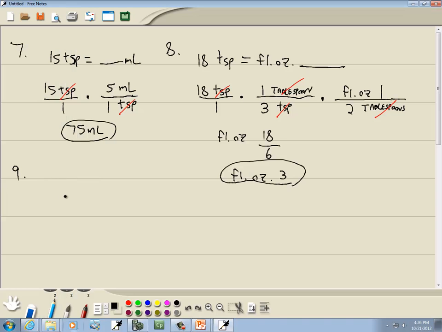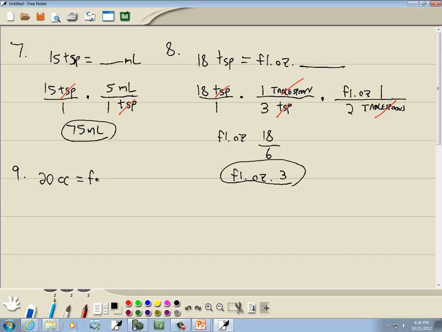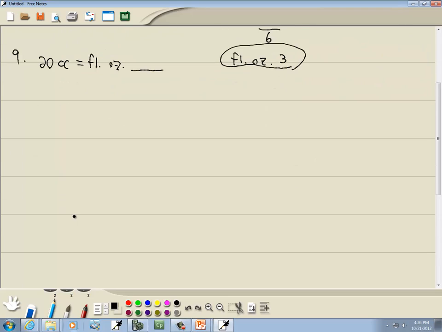Let's look at the next one. 20 cc's is equal to how many fluid ounces? Well, remember, cc is the same as milliliters. And I'm guessing that's what we'll have to put it in. So this will be 20 milliliters.